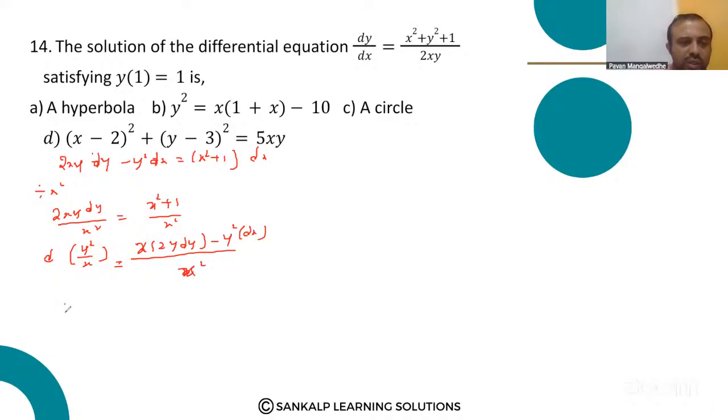So this equation becomes d of y square by x is equal to 1 plus 1 by x square into dx. Integrating this, on the LHS it will be y square by x.